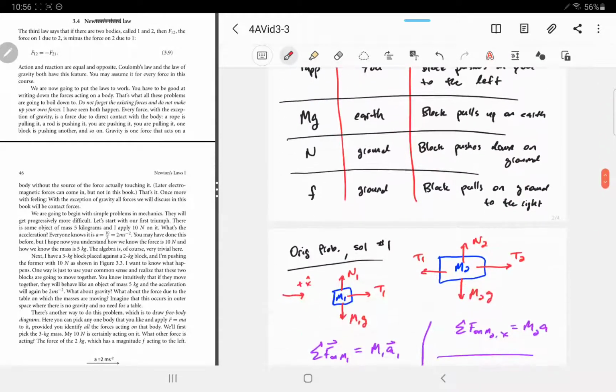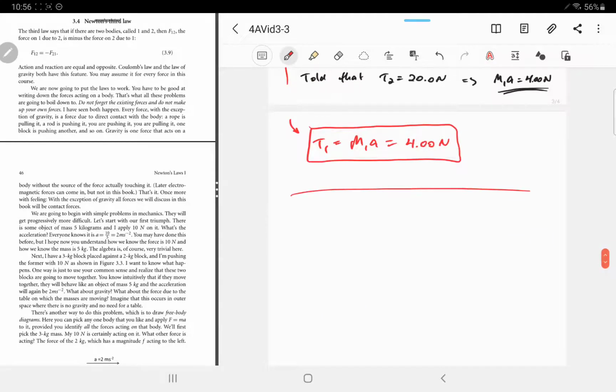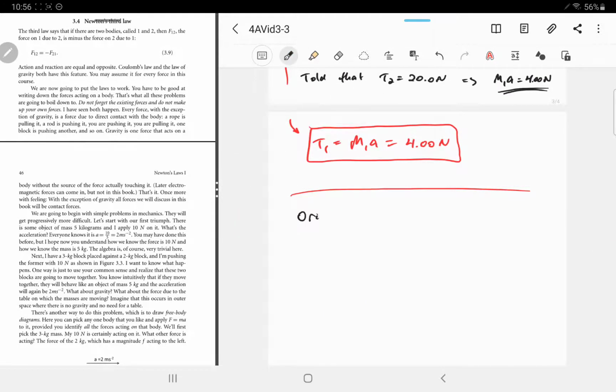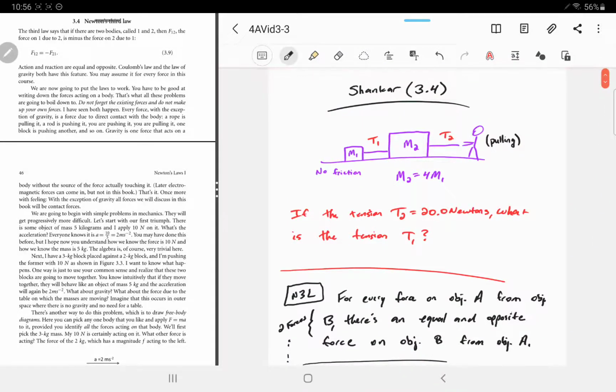I mentioned I would solve it 2 different ways. So let's do solution number 2. And there's a lot of overlap between the 2 solutions. So original problem, solution number 2. Blocks M1 and M2 are 2 different objects, but because they move together, we can treat them as one object.